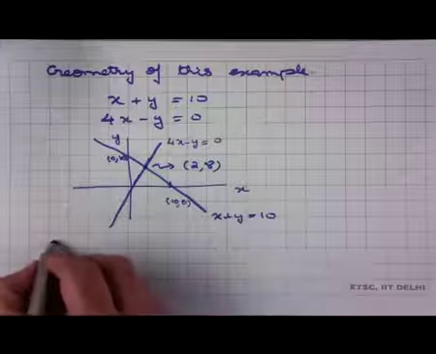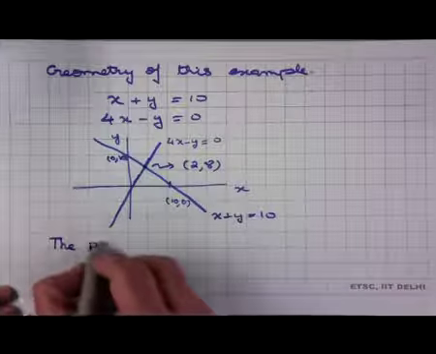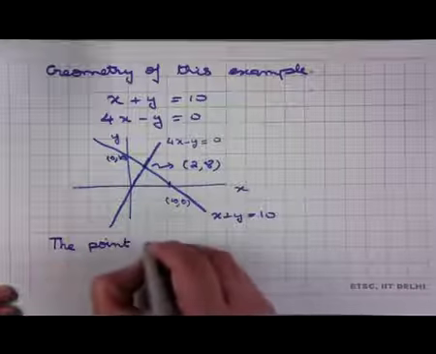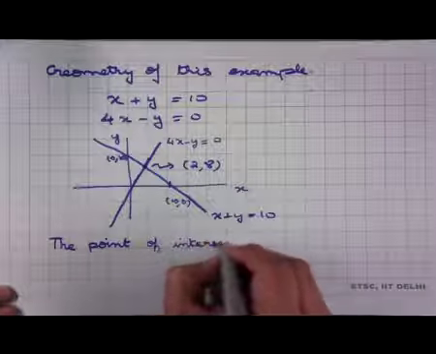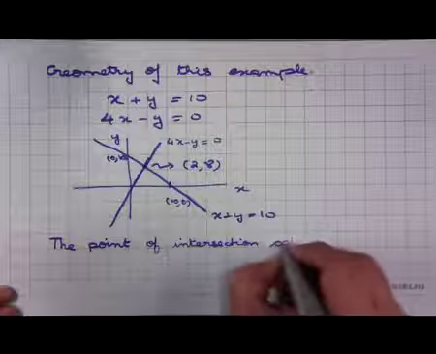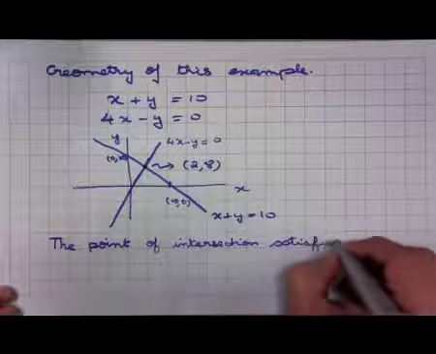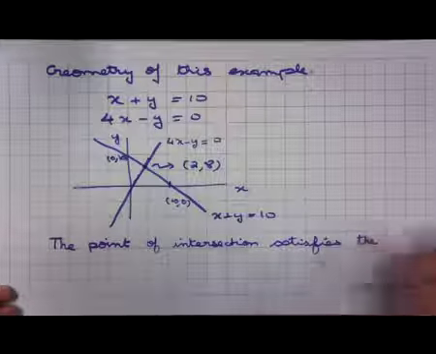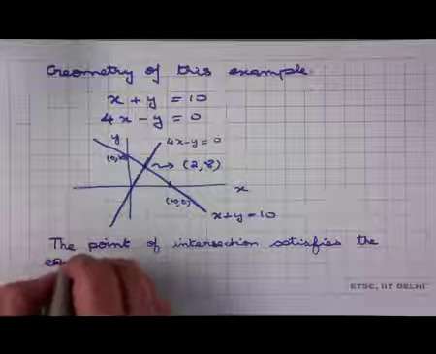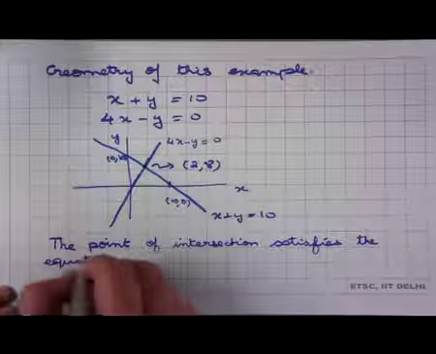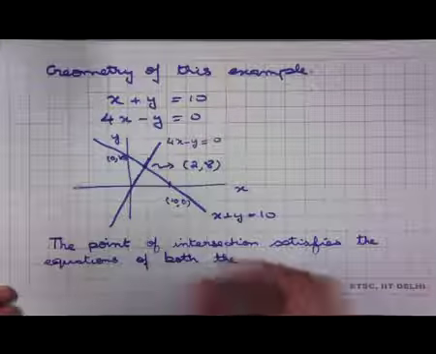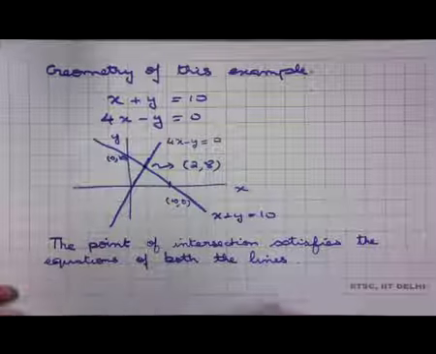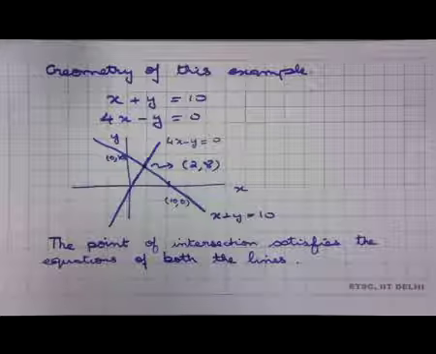So, the point of intersection satisfies the equation of both the lines, and that is the solution that we are looking for, right. So, this is a consistent system of equations.